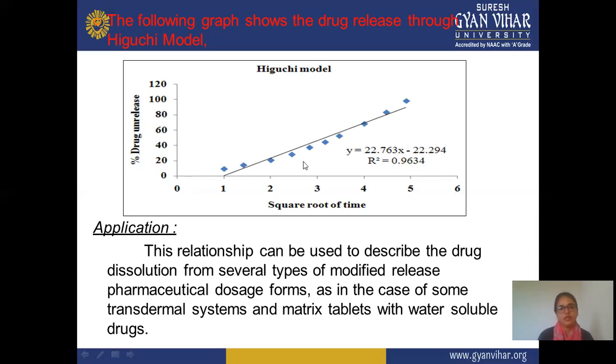The graph gives a straight line release, and you plot square root of time versus percent release in this graph.